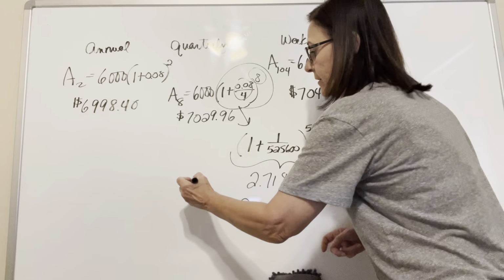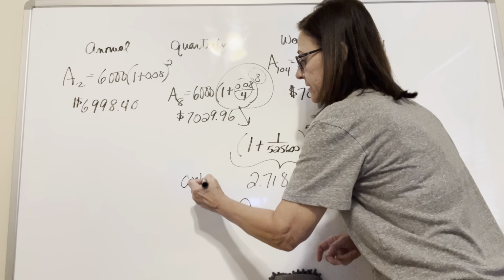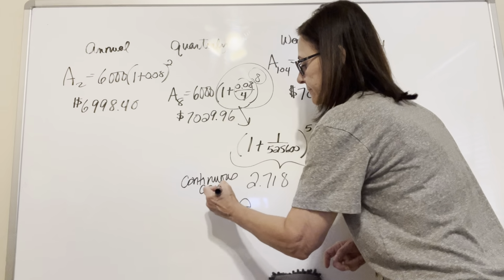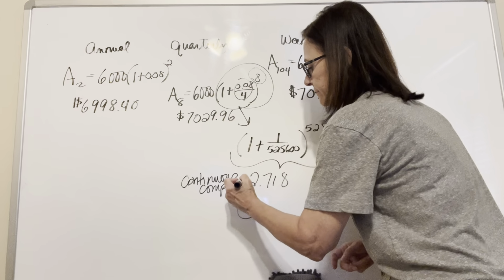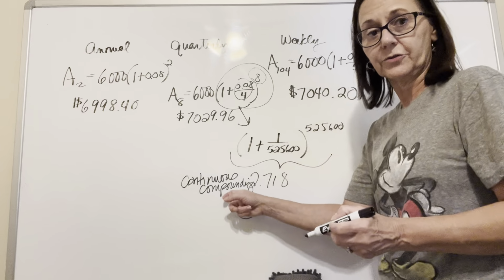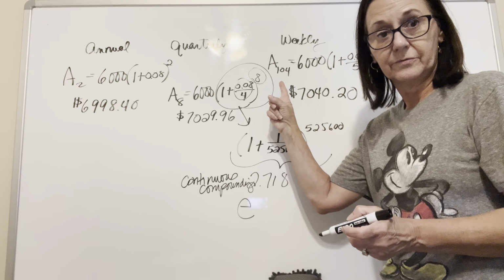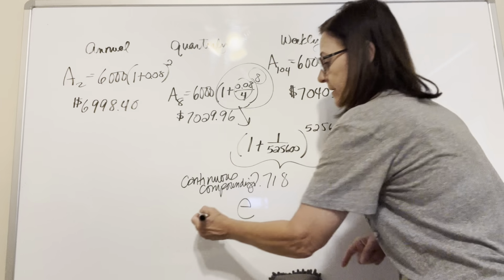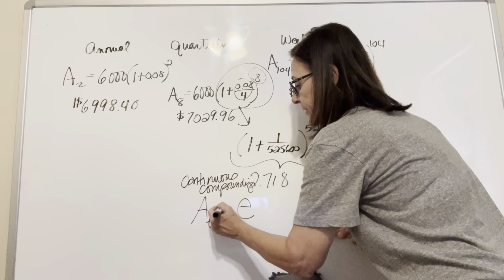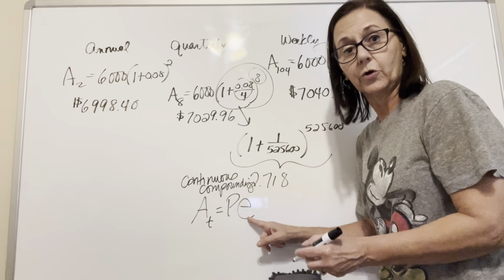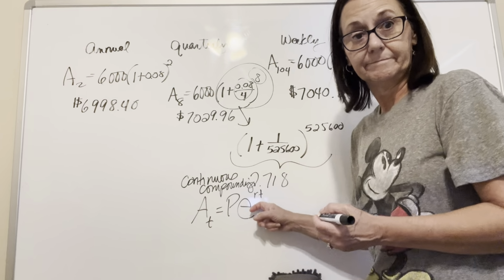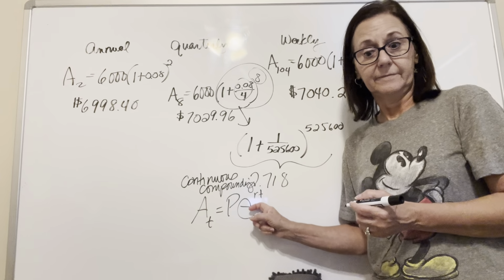So the formula for continuous compounding, not exponential, because this is exponential, all right? This is continuous. So it's the amount over a period of time equals P E. We're going to raise E to the rate times time, all right?